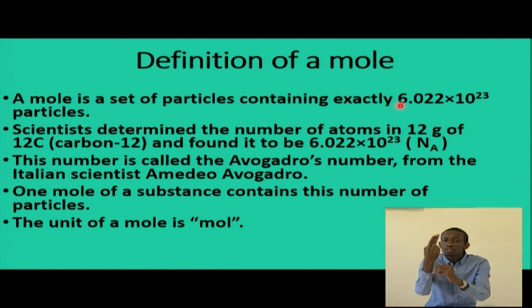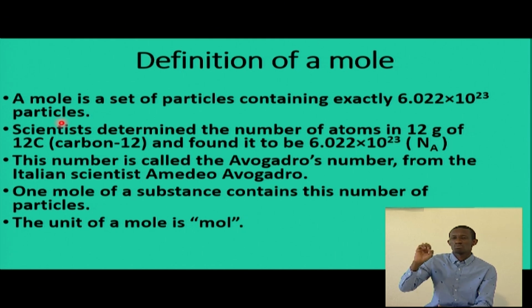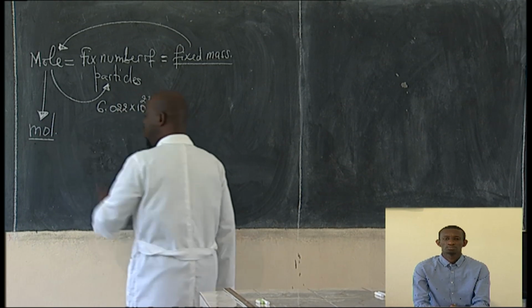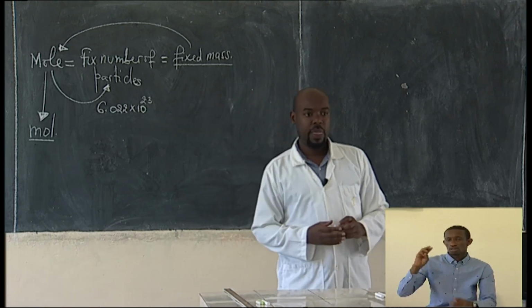I repeat, 6.022 times 10 power 23 particles. So in a mole, we have that number of particles. Here the unit of a mole, I said it is a quantity, and its unit is MOL, that is mole.